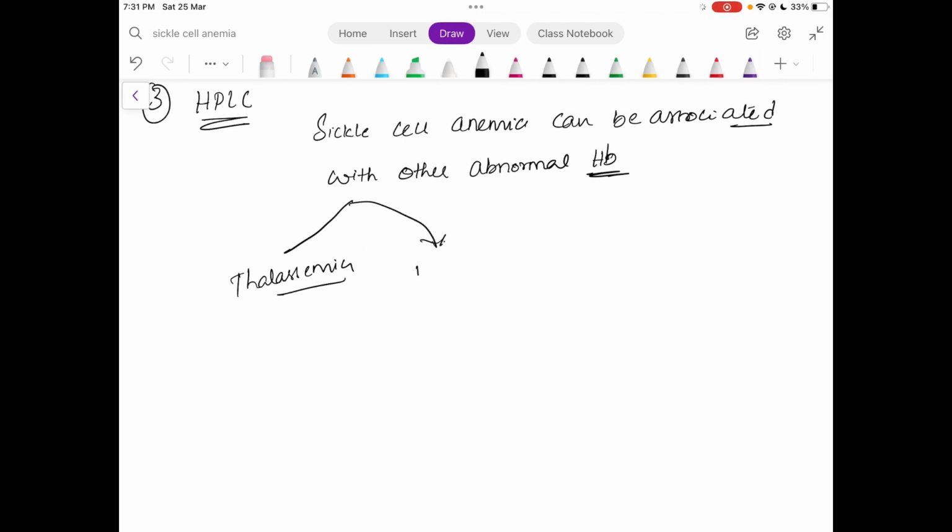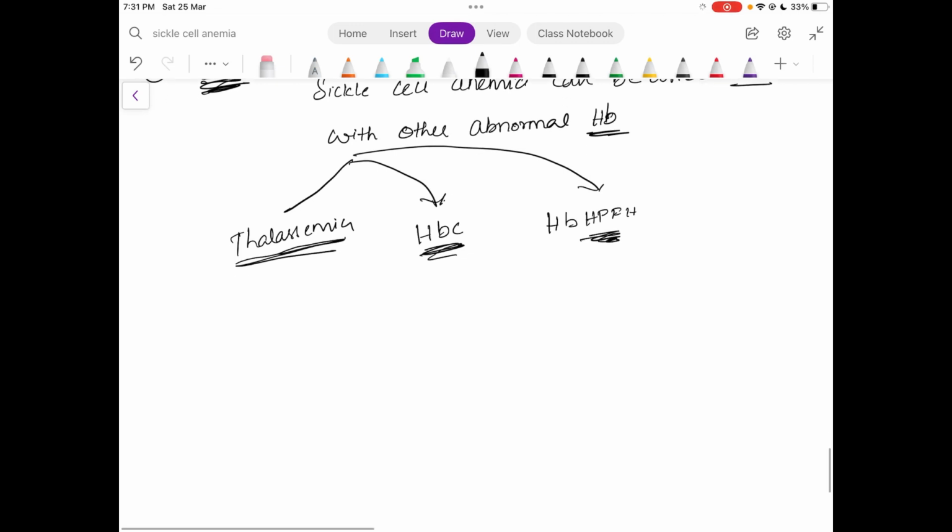It can be associated with HbC disease. It can be associated with HbFH. Like this, sickle cell anemia can be co-associated with thalassemia, HbC and HPFH. These types of sickle cell diseases can be separated by HPLC.